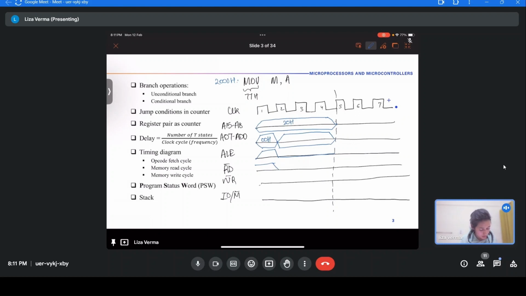Then during this data read, the read signal will go low and write will remain as it is. And this is a memory read operation, so the IO/M signal will go low. The corresponding code for MOV is 77.